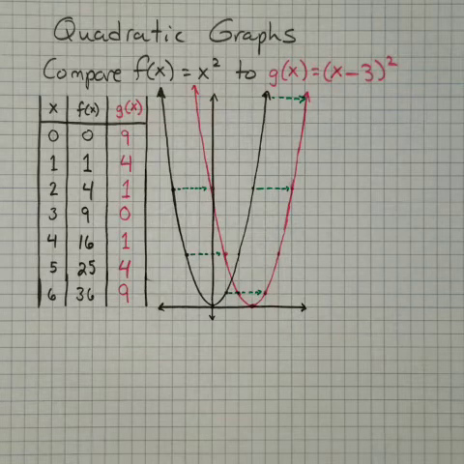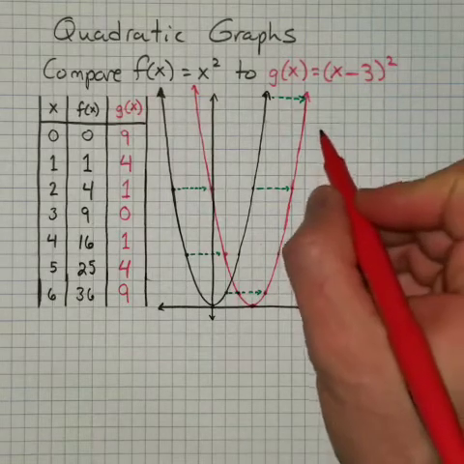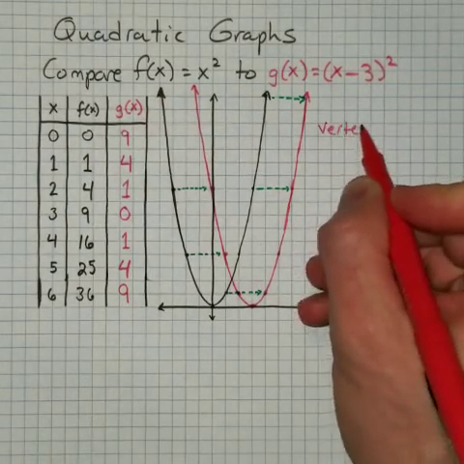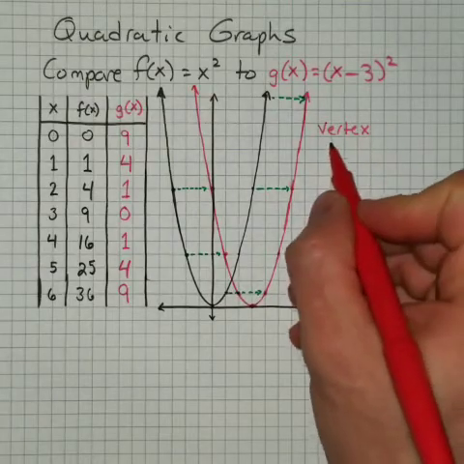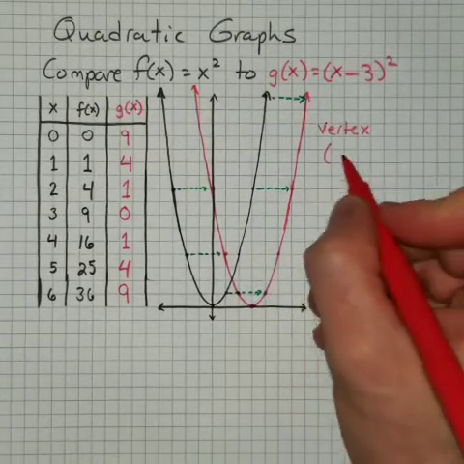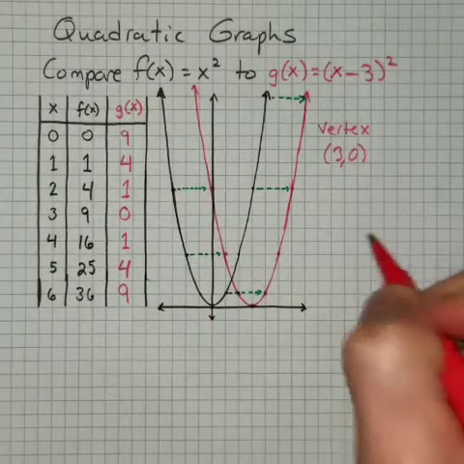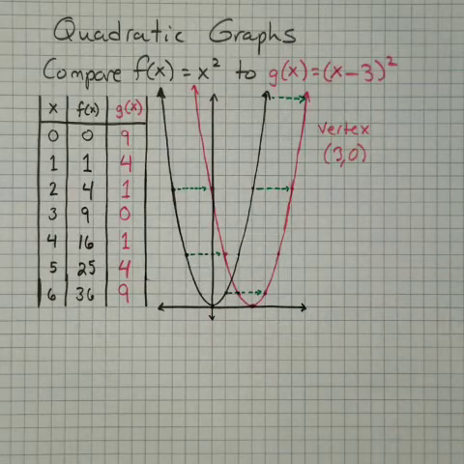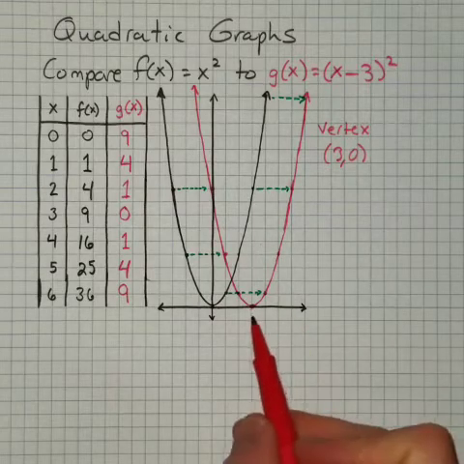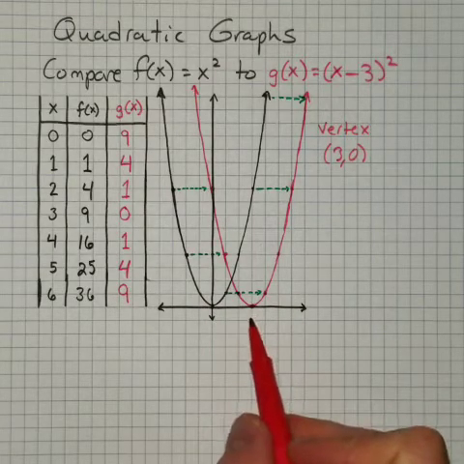Alright, so let's look at a couple things. First of all, the vertex. That is at a very important point. That is at the point 3, comma 0. This graph is shifted horizontally to the right 3 units.